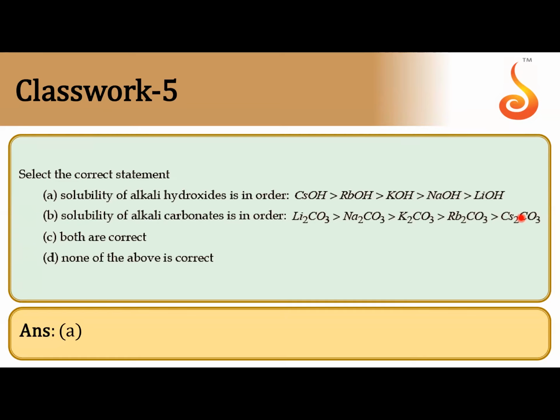Solubility means cesium carbonate can be easily converted to carbonate ion and cesium ion, whereas lithium carbonate is stable. Therefore, the order should be reverse, but it is given in a decreasing order like this. Alkali metal carbonates and sulfates should have the reverse order, but it's given the forward order. Therefore, it is not correct.